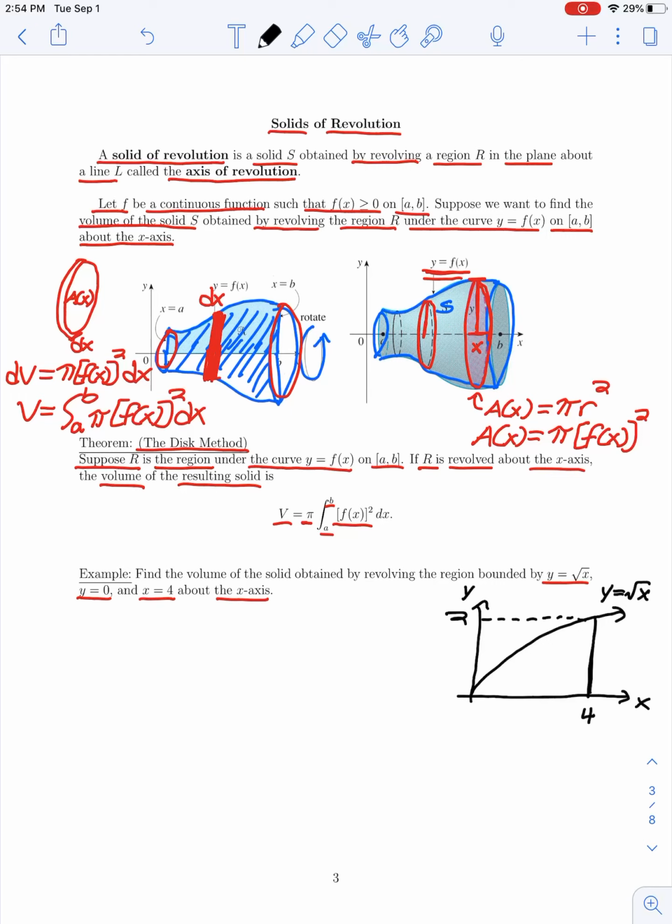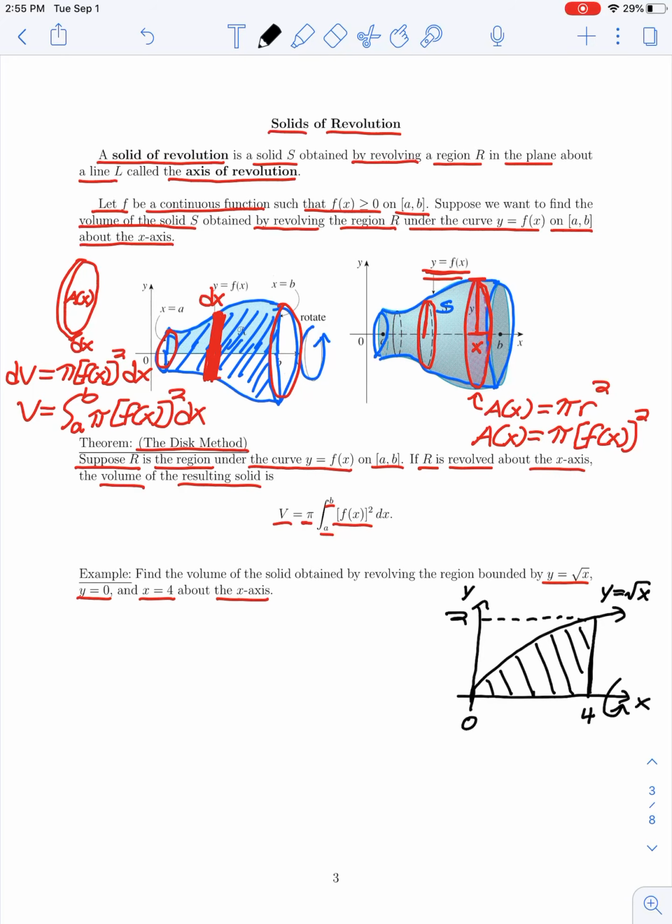And then we see that square root curve and our x-axis intersected at 0. So our region of interest here is the following region, and we're going to take this region and revolve it about the x-axis. So we get a solid, and the question is, what is the volume of that solid?